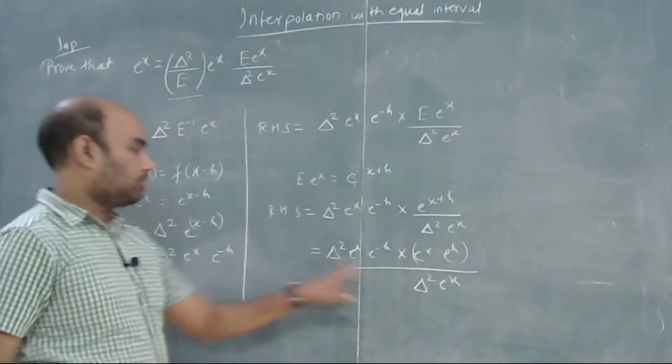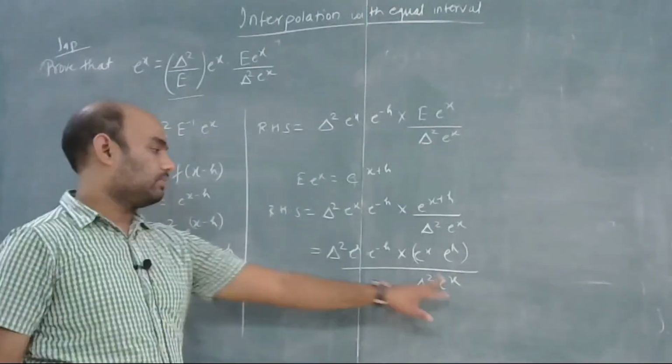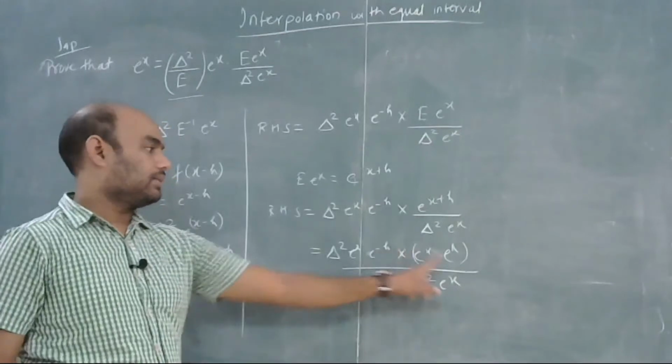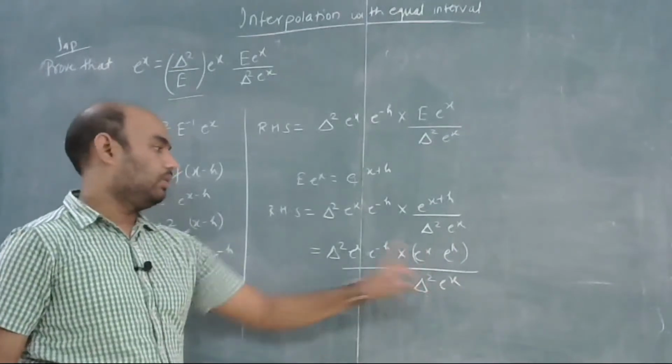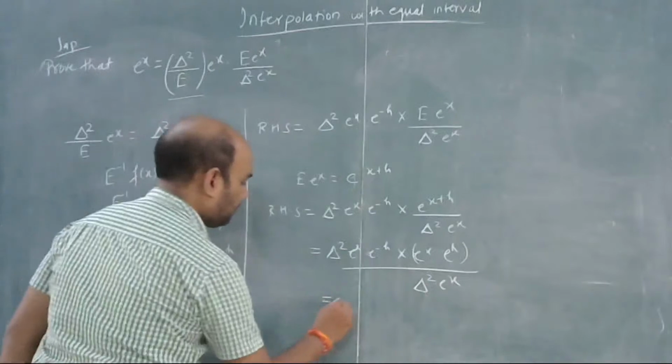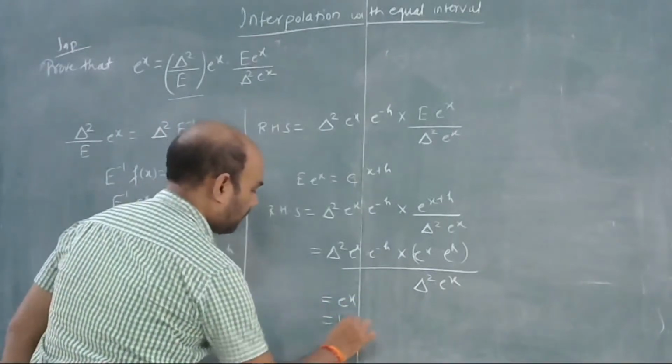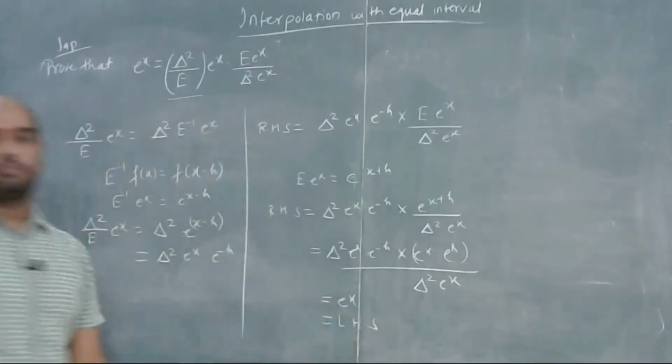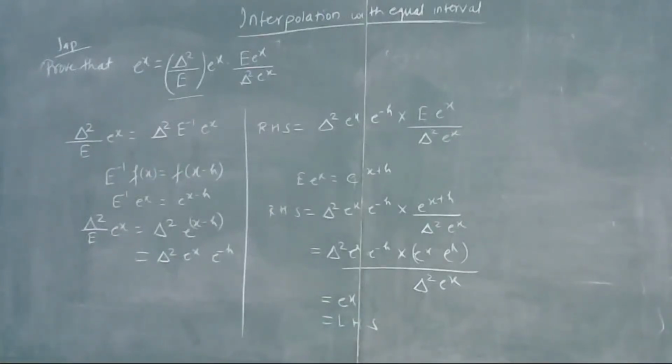Okay, so del square will cancel out, e to the power x will cancel out. It is e to the power minus h, it is e to the power plus h. You will be left with e to the power x.